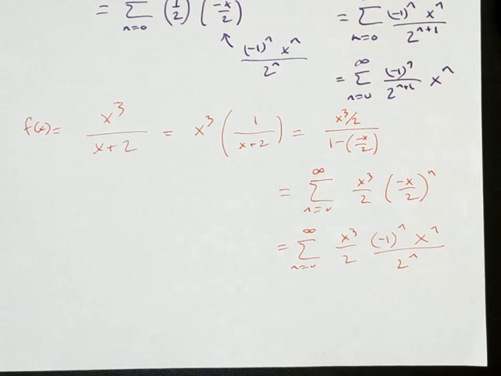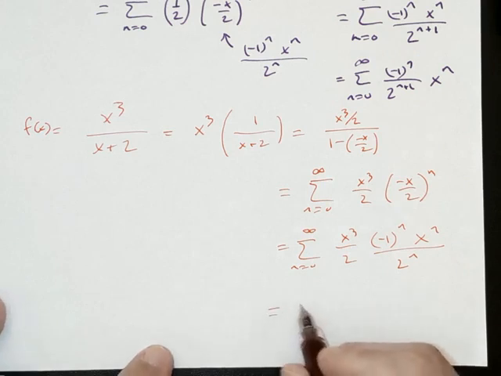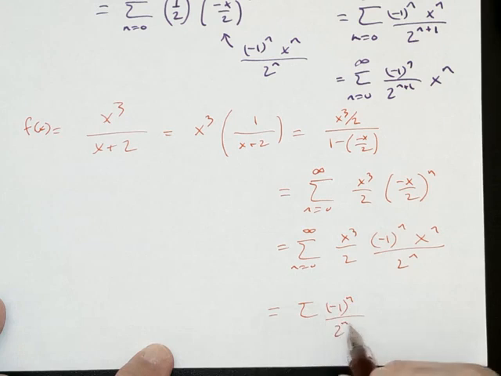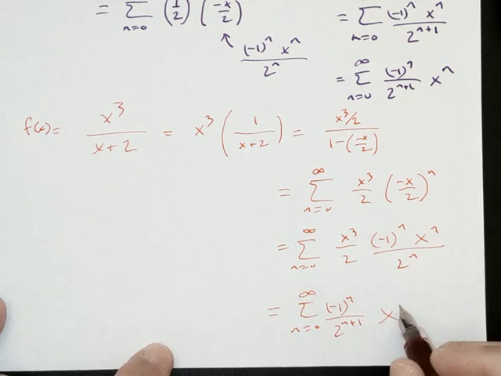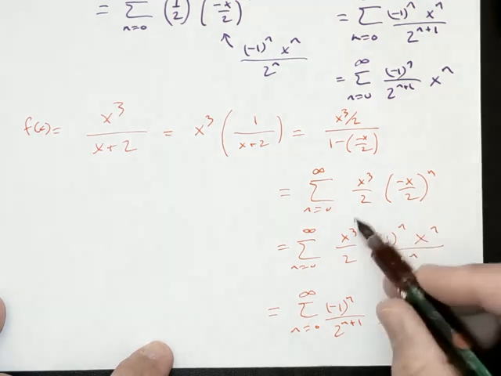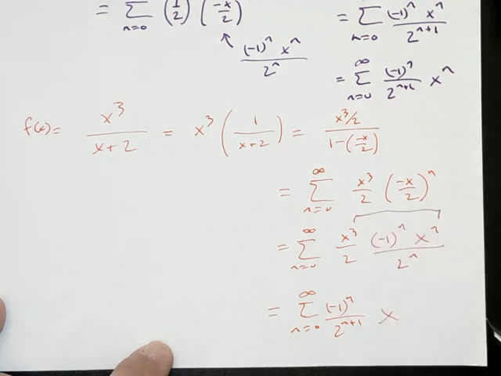And this time when I combine stuff, I can combine the x powers as well, making this minus 1 to the n over 2 to the n plus 1 with what power of x? Multiplying things with the same base, I add the powers.